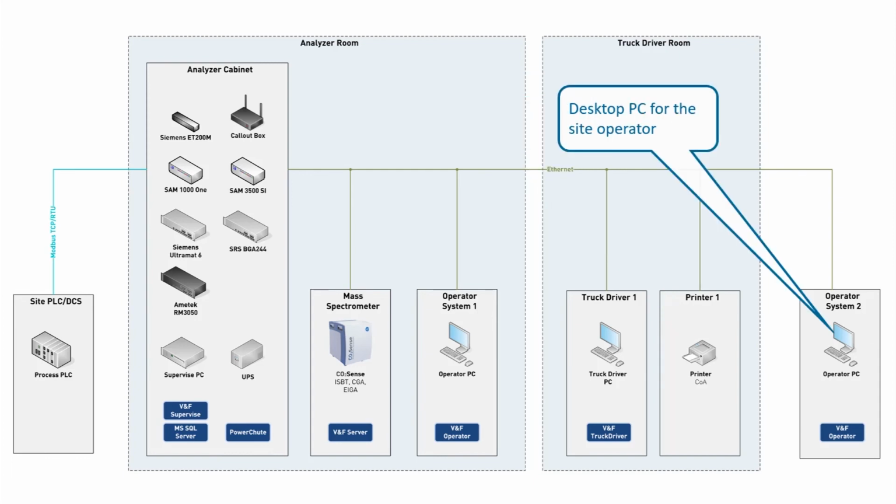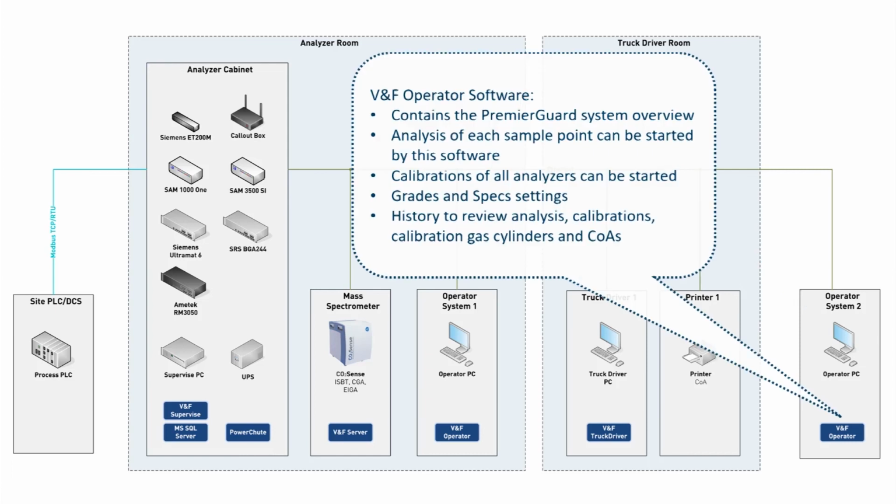There can be a various number of operator PCs used within the same network in order to work with the PremierGuard system. Also, this operator PC is a standard desktop PC for the plant staff, where the V&F operator software is running. As mentioned before, the V&F operator software contains the PremierGuard System Overview. Analysis of each sample point can be started by this software.